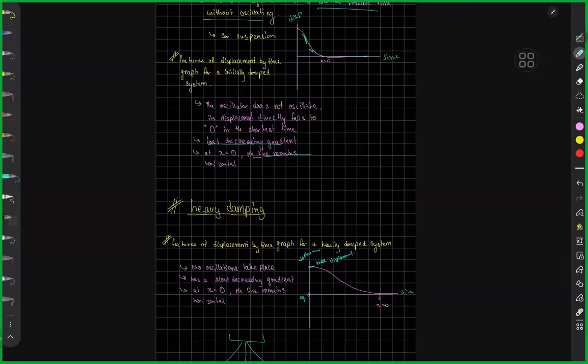Got it? So what is the difference? It's just the time consumed to come back to the equilibrium position. Got it?